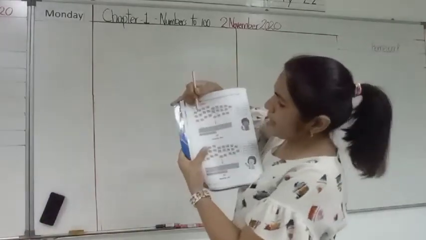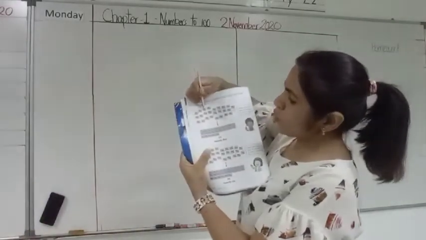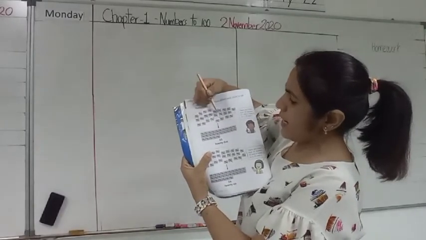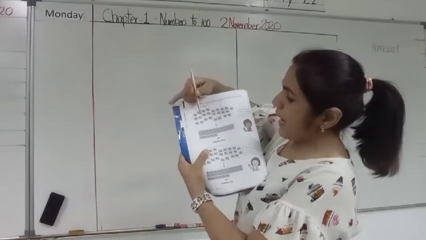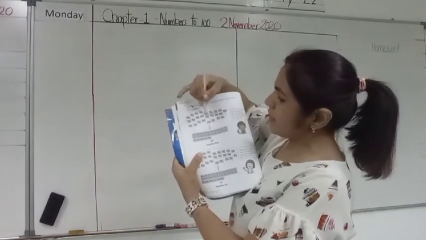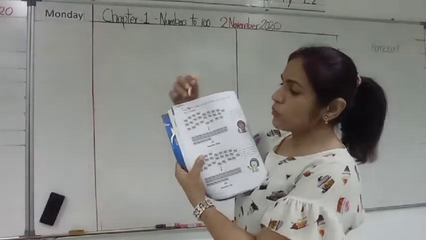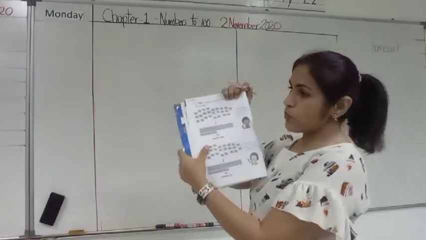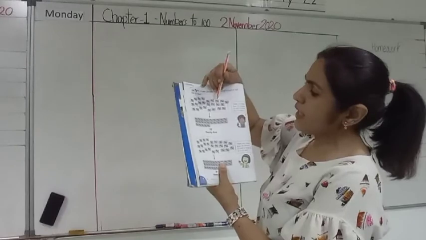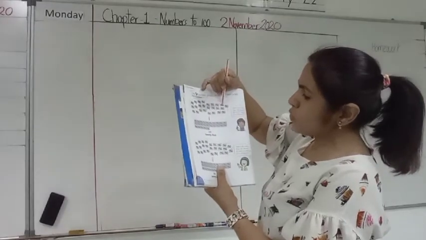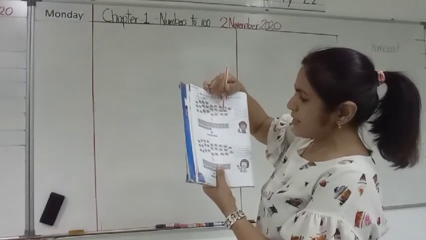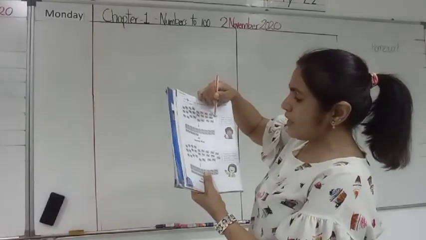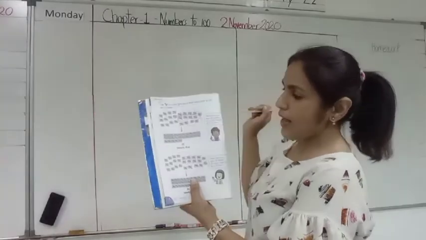You will strike 1, 2, 3, 4, 5, 6, 7, 8, 9, 10, put it in the circle and write down 10 inside the circle. The rest which are outside, again count 1, 2, 3, 4, 5, 6, 7, 8, 9, 10, and put them in a circle. Write 10 inside.